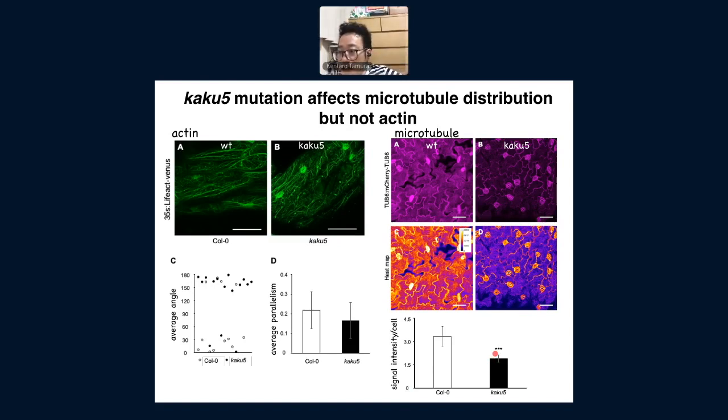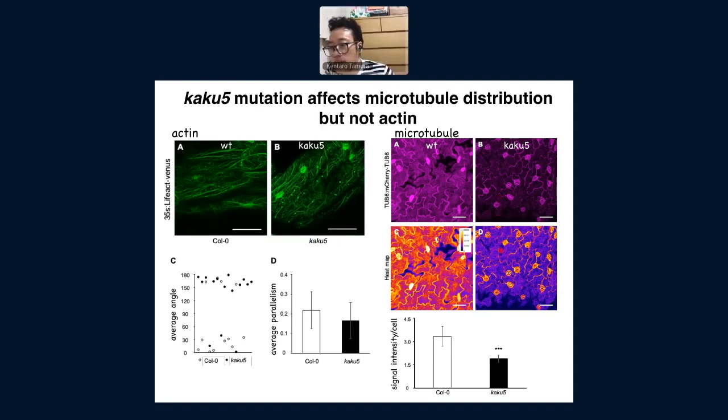Finally, we visualized the cytoskeleton, actin filaments and microtubules, and quantified their structure. When you see actin filaments, CAC5 looks normal. The average angle and the parallelism of actin in the mutant is very similar to wild type. However, when you visualize the microtubule structure, the mutant has less microtubule compared to wild type.